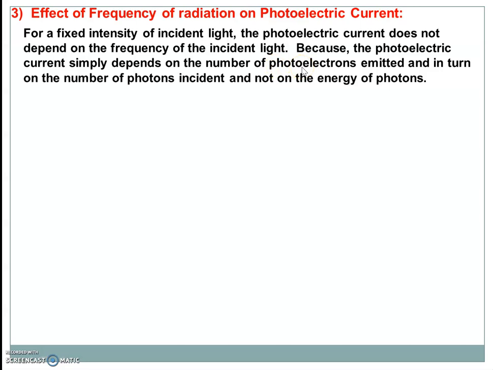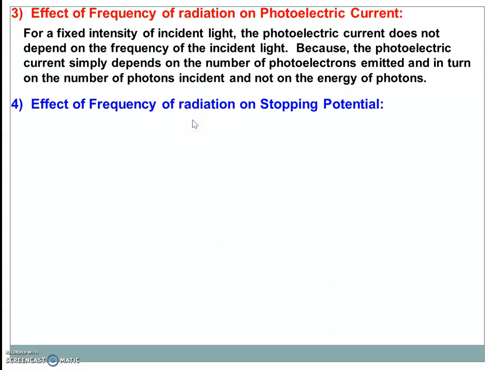The rate of photoelectrons emitted from the metal surface is photoelectric current, and it means photoelectric current simply depends on the number of photons striking the surface of the metal for any fixed intensity of light. So we can conclude that photoelectric current does not depend on the frequency of incident radiation.